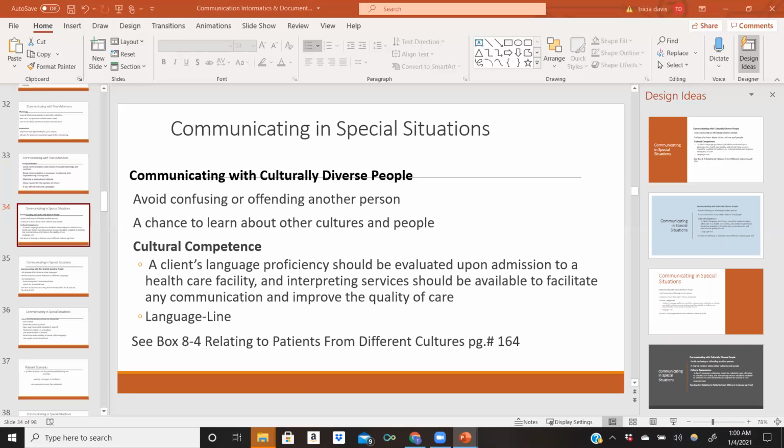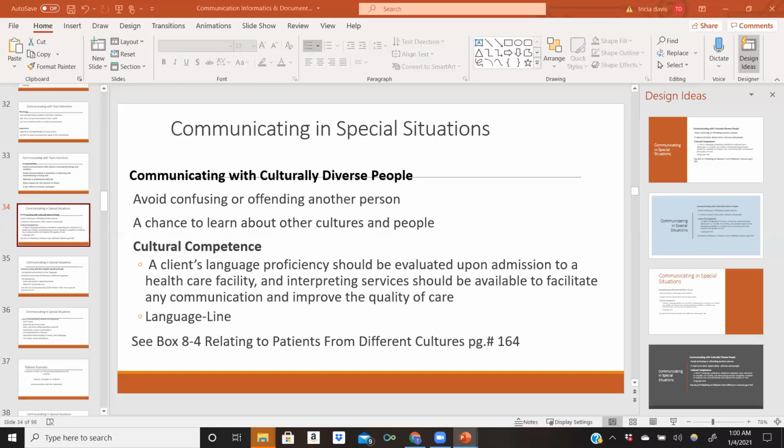And sometimes our patients teach us, and it's okay if we did something wrong or didn't recognize it. We learn from it, we apologize for it, and then we change the way that we communicate with them in the future. Communicating with culturally diverse people is a chance to learn about other cultures and people. You're going to care for a lot of different cultures and a lot of different people, and there is a lot to learn.